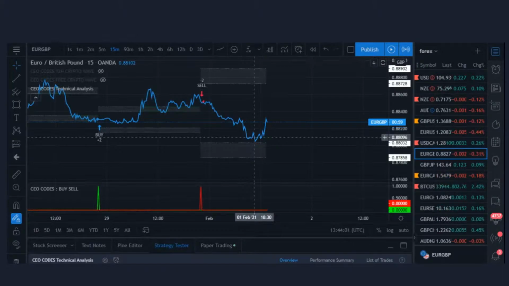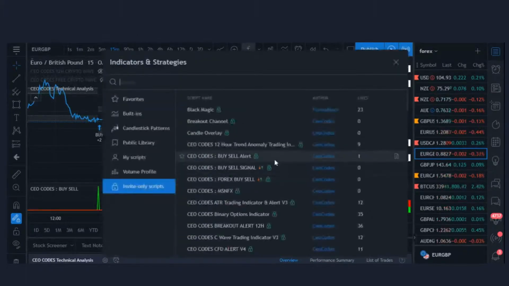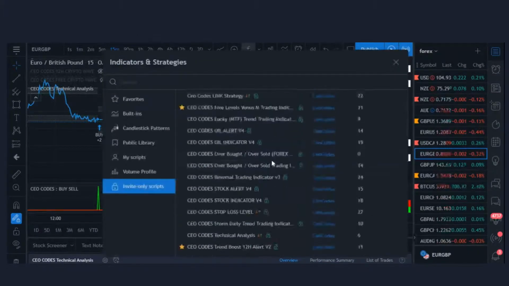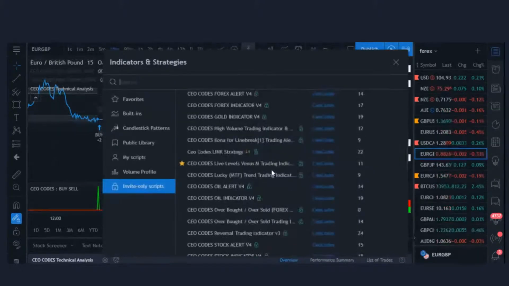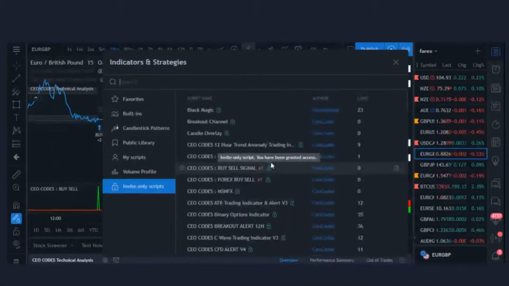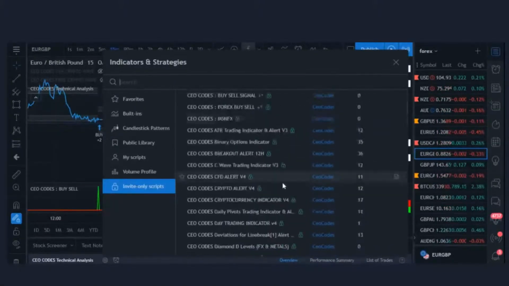We can make a free trial, maybe for this indicator or a different indicator, because I have a library of indicators, people. Look at this. This is all my indicators, and I have some of them. So let's see.